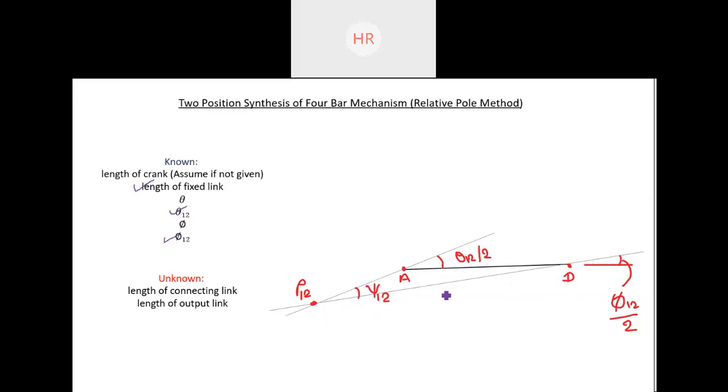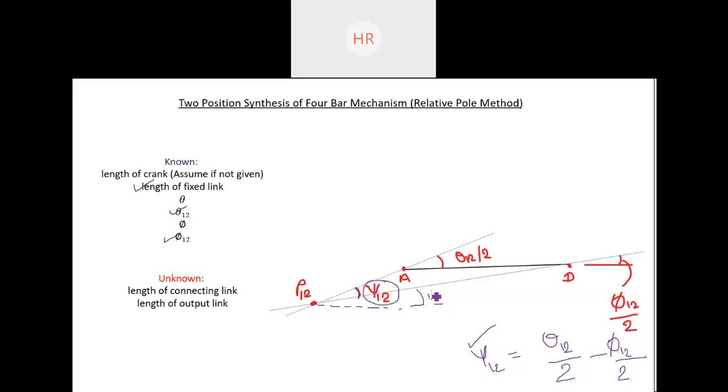Whatever projections we have drawn here, the angle they make, zeta 12, that we have to measure, or zeta 12 may also be given as theta 12 by 2 minus phi 12 by 2. Mathematically you can observe this also. Suppose here I am drawing a horizontal line.